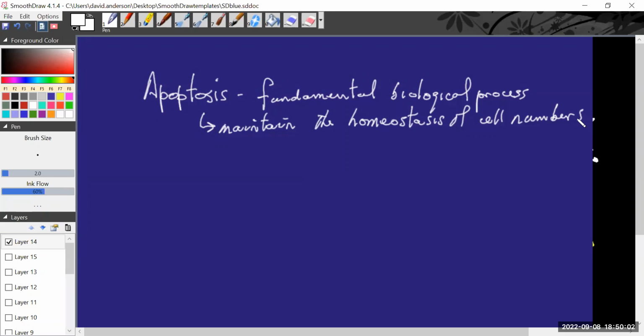When we're developing in utero, our hand starts off as being like a mitt, where you've got a thumb, but the 4 digits are fused to one another. And through apoptosis, the cells between the fingers die off and give us 4 independent digits. That's an example of apoptosis.